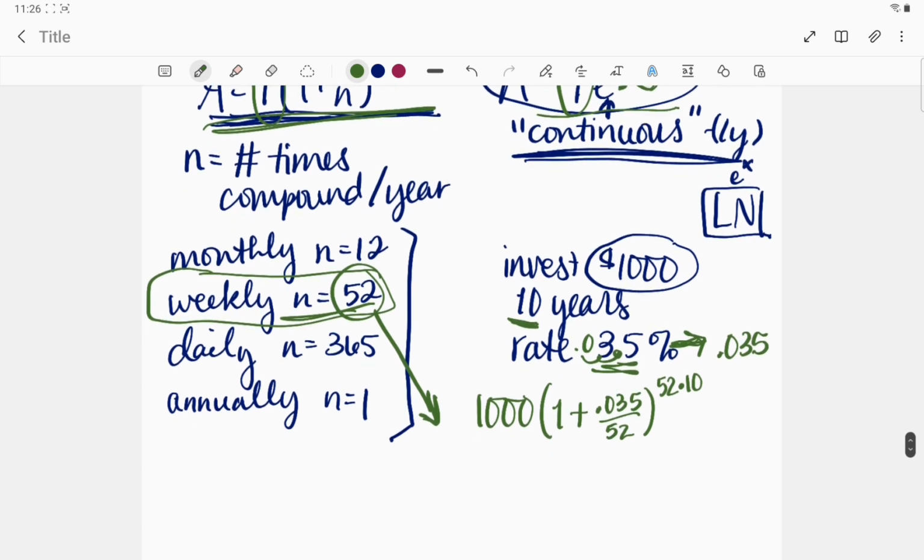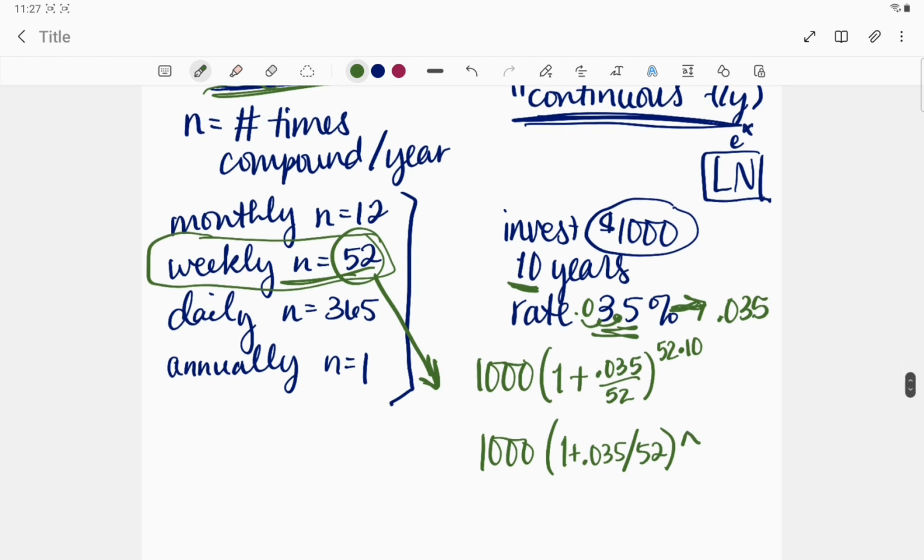And then when you type that in the calculator, you just want to be careful that you use these parentheses. When you're typing in 0.035 divided by 52, you're just going to literally type the first one, division key, type the second one, close the parentheses.